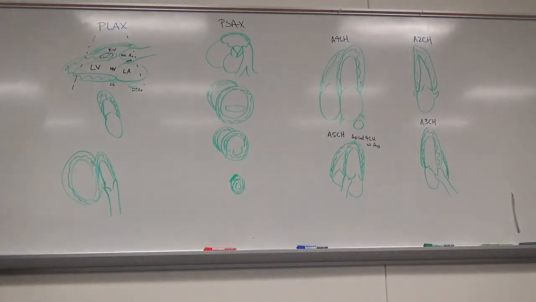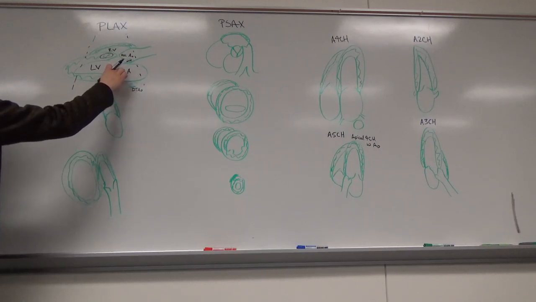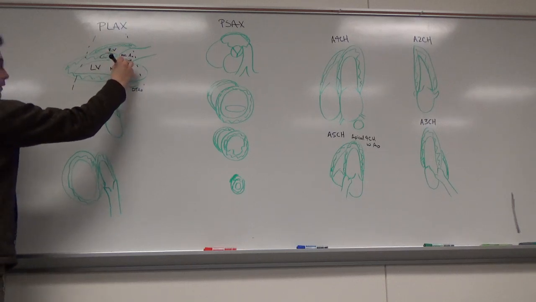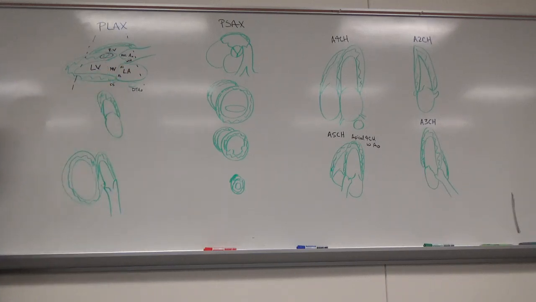Which leaflet on the mitral valve comes first anteriorly? What's the most anterior leaflet in the mitral valve? Is it the anterior? The anterior leaflet. And then the posterior leaflet is the posterior one. Good. So know those. So parasternal long axis view, that's what we're seeing.